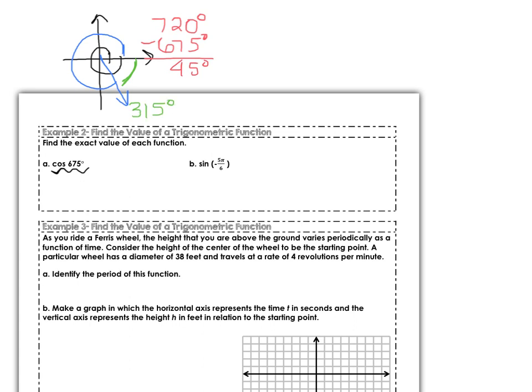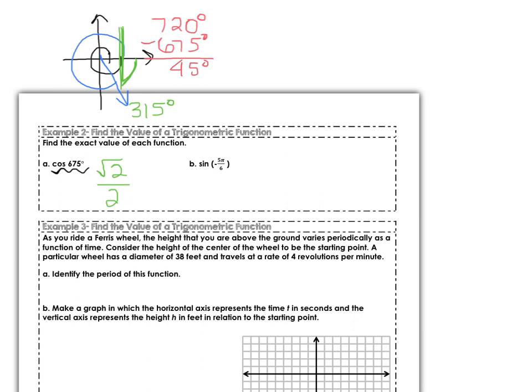I want to know the cosine, which is the x value of 315 degrees. Cosine in the 4th quadrant is positive, and it shares the exact same cosine value as our 45 in the 1st quadrant, which is radical 2 over 2. Notice, no calculators necessary. I'm naturally picking it up from my unit circle.